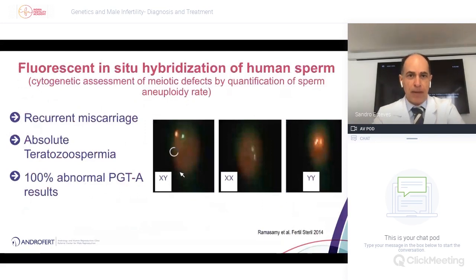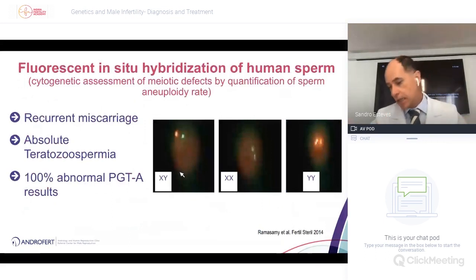I myself rarely apply FISH technology to sperm because the proportion of affected sperm will be around 1%, 1.5%, up to 3% only in patients with abnormal FISH analysis, which means that 97% of sperm will be normal.